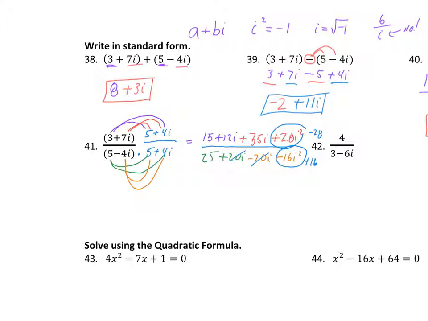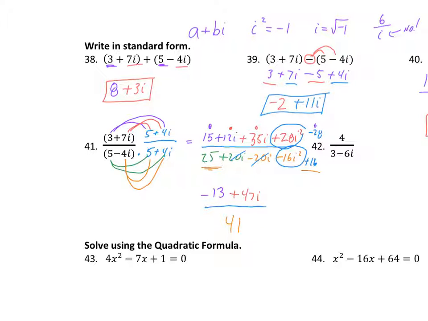So on the bottom we have 25 plus 16, which is 41. And on top we have 15 minus 28, which is negative 13, and 12 plus 35i, which would be 47i.